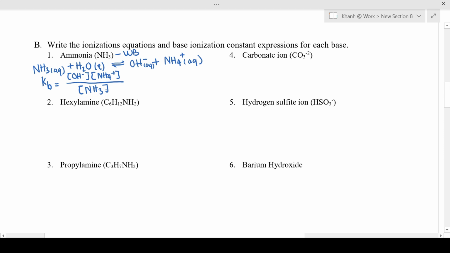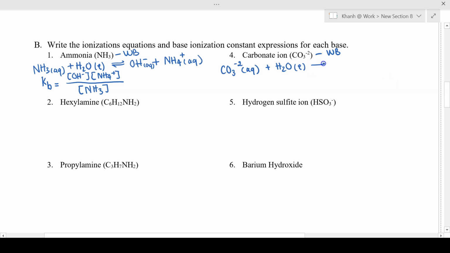And there you go. Let's move on to number 4, where here I have just a carbonate ion. So a carbonate ion, it's not part of the strong base list, so we know this to be a weak base. Let's start writing it down here in aqueous form. And the other reactant must be water.